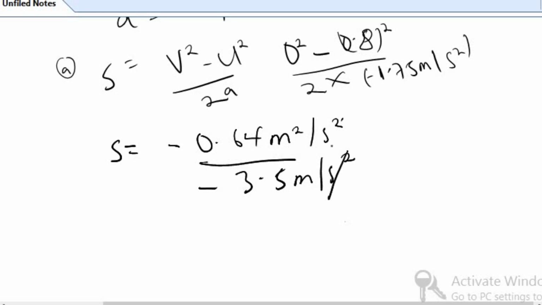Second squared goes with second squared, and meter goes with one meter here, and negative goes with negative, and we are left with 0.64 over 3.5. If you proceed on your calculator, you get 0.18 meter. So this is the distance. Now we are done with one part of the question. We move to the next part, which is part B.